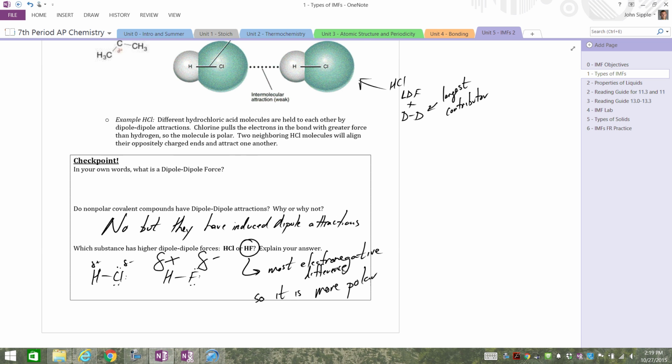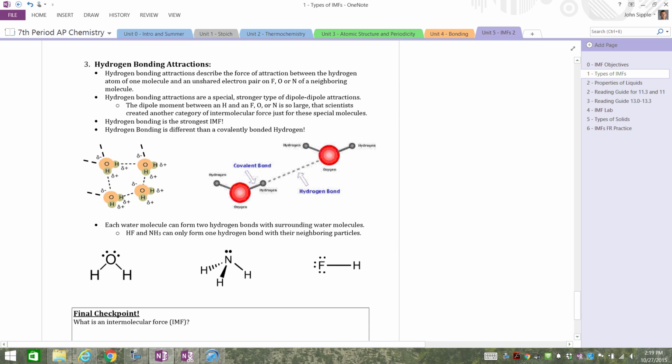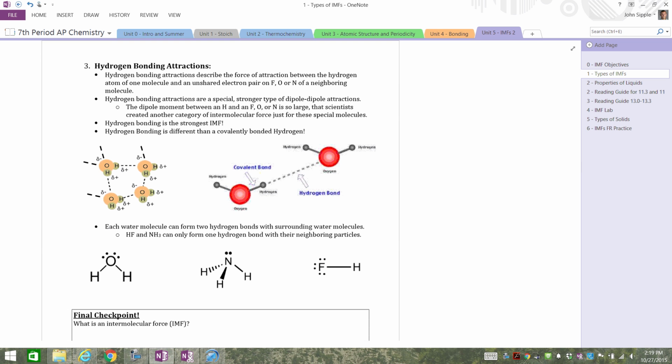And the very last one, hydrogen bonding. This is the strongest. As a reminder, and I can't stress this enough, it is an attraction, not a bond.